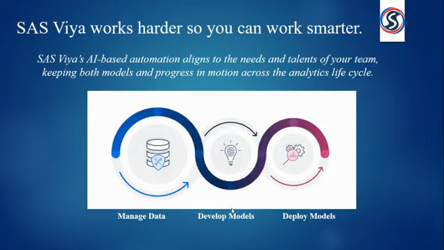SAS Viya is a kind of artificial intelligence-based automation that aligns to the needs and talents of your team, keeping both the models and the progress in motion across the complete analytical life cycle. That is its main functionality. With the help of SAS Viya, I can manage the data, develop the models, and deploy the models.